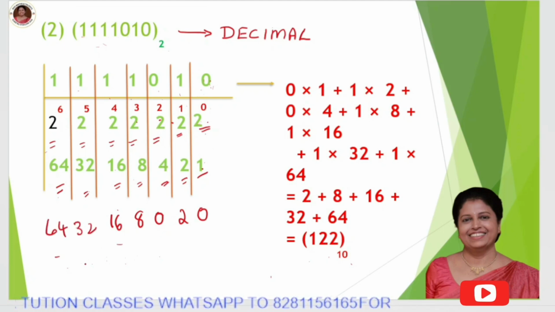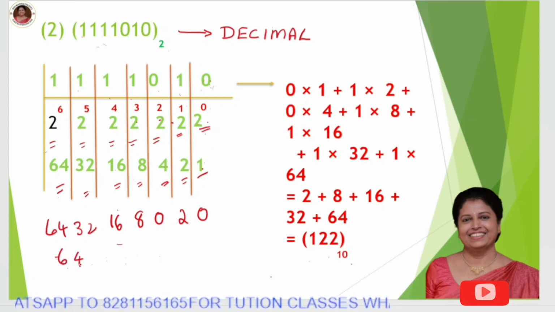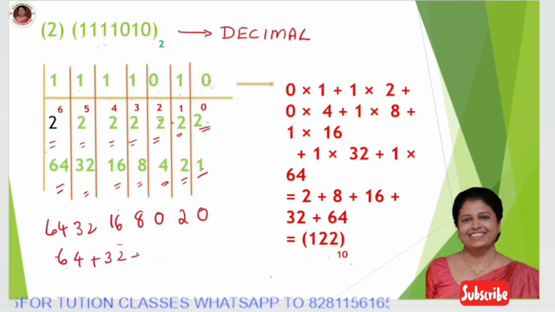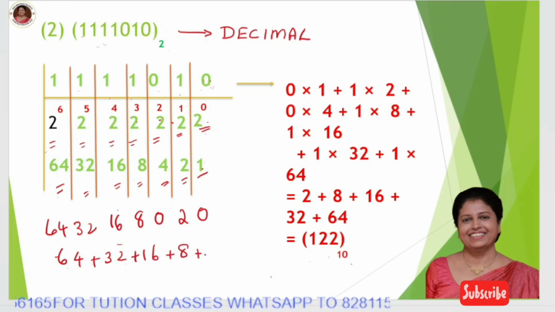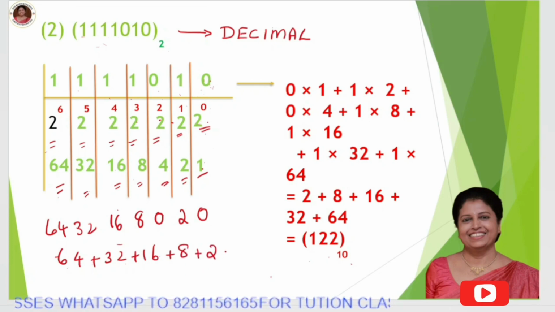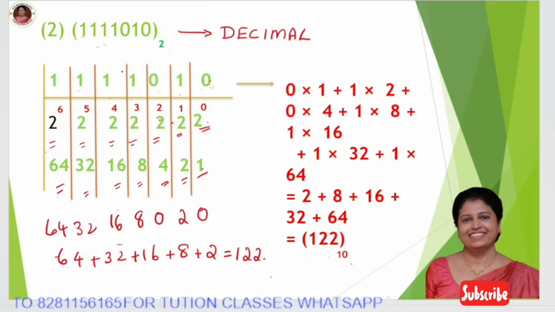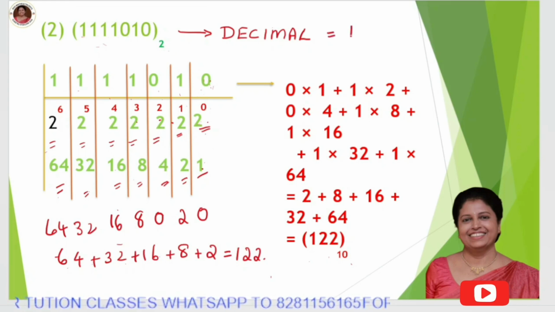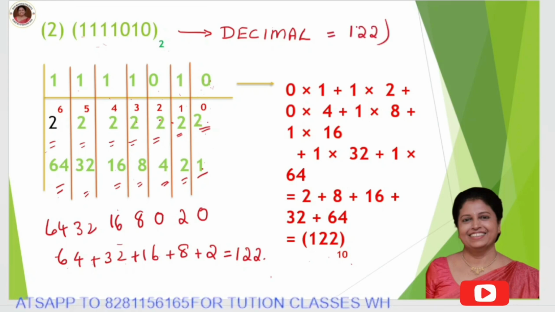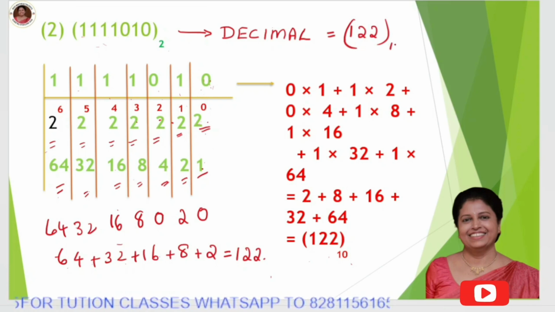Then we have to add these numbers: 64 plus 32 plus 16 plus 8 plus 2, that is equal to 122. That means this number 1111010 to the base 2 is equivalent to 122 to the base 10.